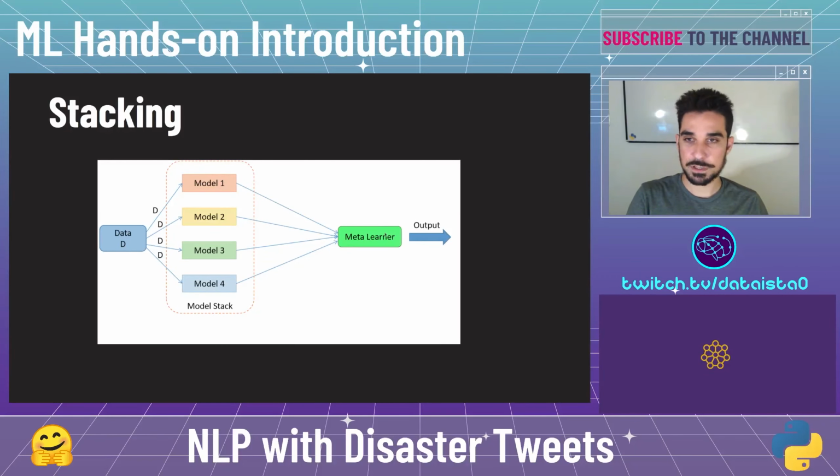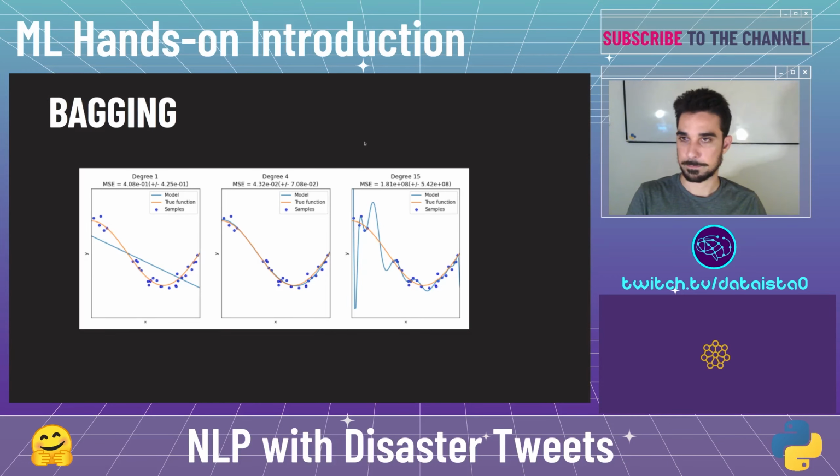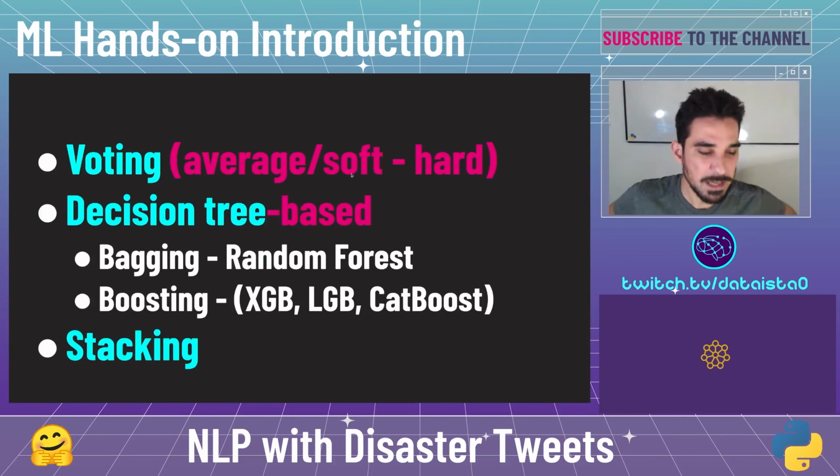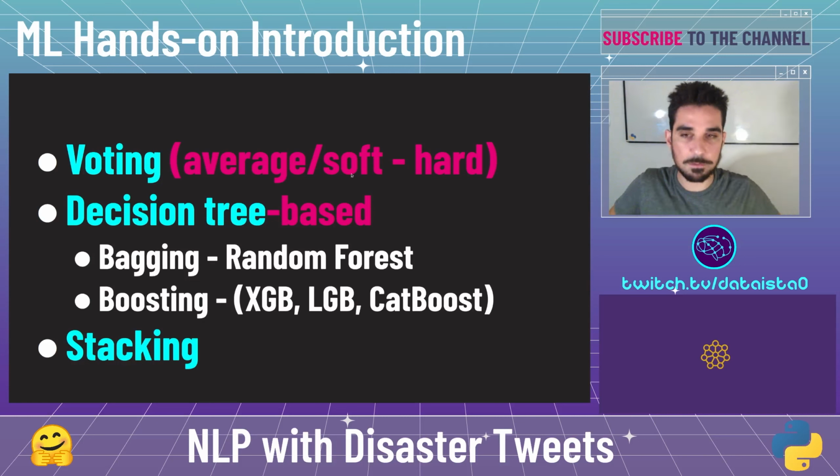Finally, there are two techniques that are typically applied on top of a set of decision trees. Although the techniques are generic, they are called bagging and boosting.